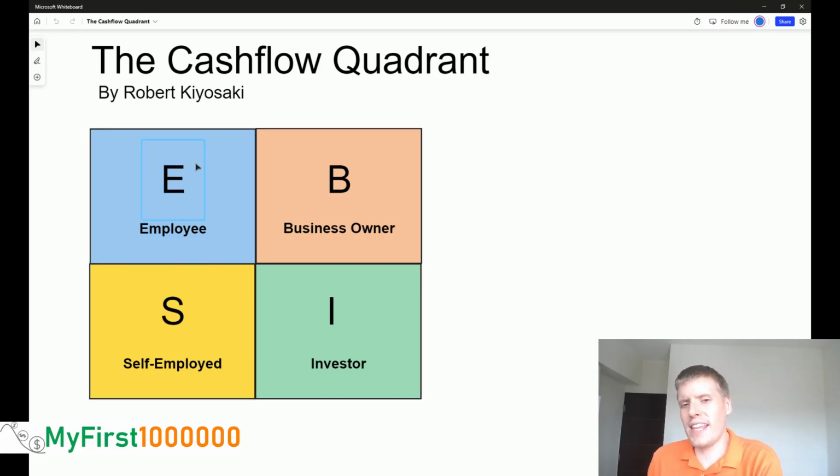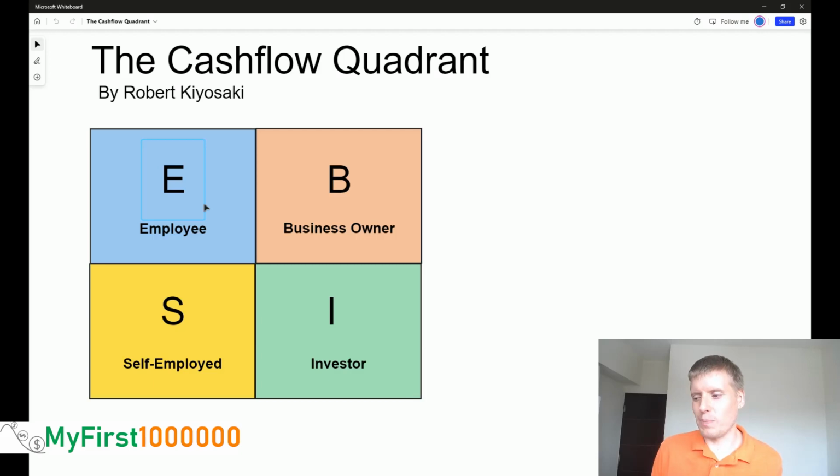I strongly believe even someone employed can win financially over time. Most people are in the E quadrant, are employed. But I believe most of those people who are employed still have the opportunity to win financially.